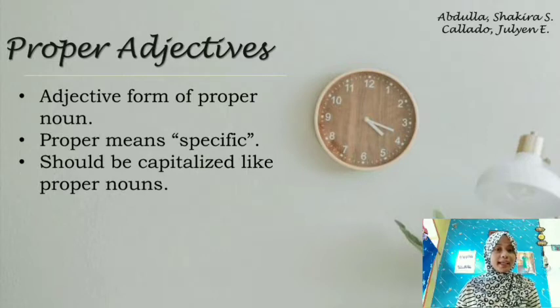Another example is the specific name Jesus Christ. The proper adjective that can be derived from Jesus Christ is Christian. Another example is the proper noun Darwin, Charles Darwin, and the proper adjective that can be derived from it is Darwinian, like Shakespeare, Shakespearean.